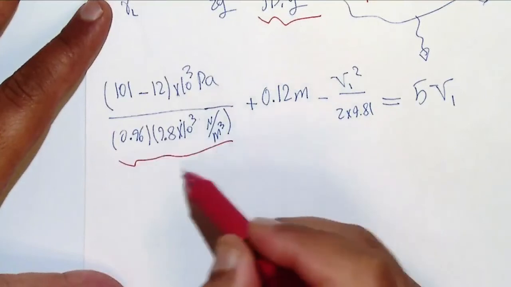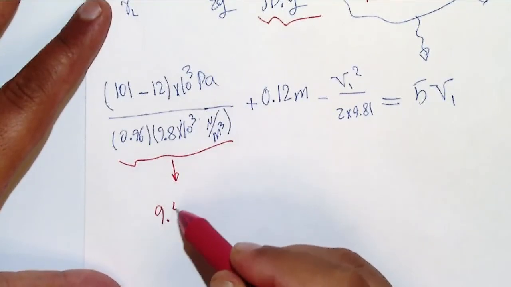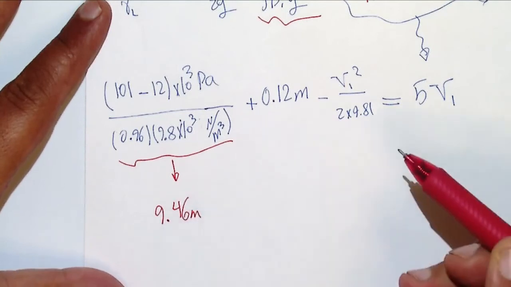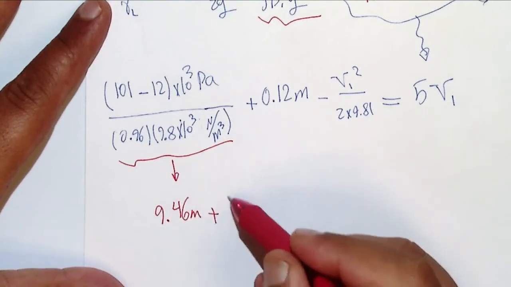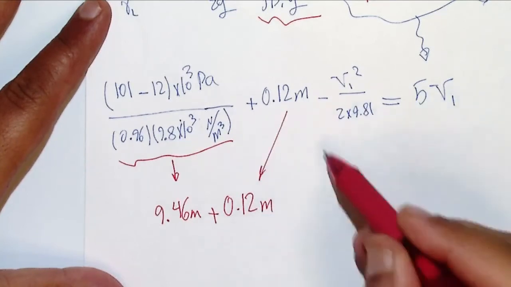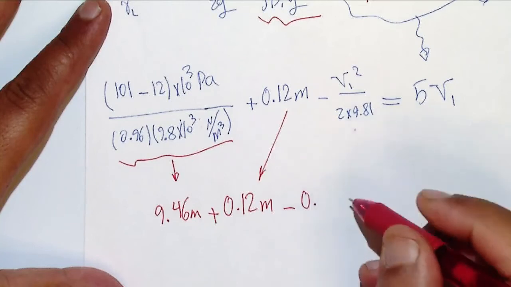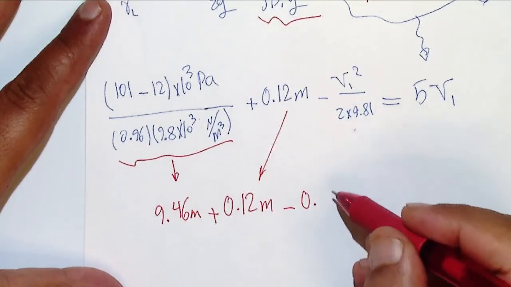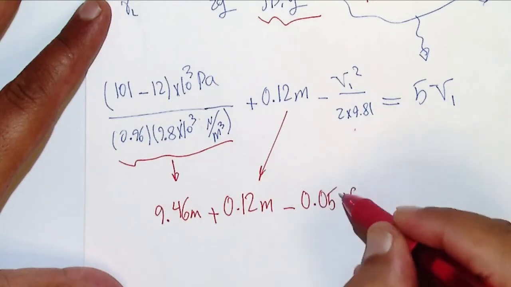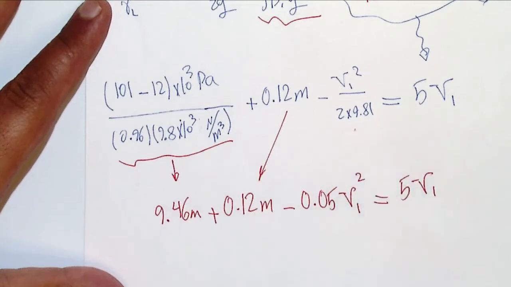So by finding the answer of that, this is going to be 9.46 meter, plus 0.12 meter, and here it is going to be minus 0.05 v1 equal to 5 v1. This has to be squared.